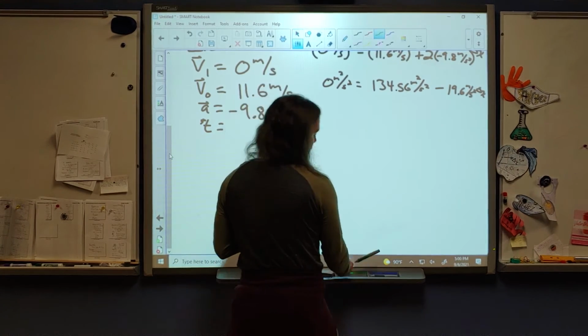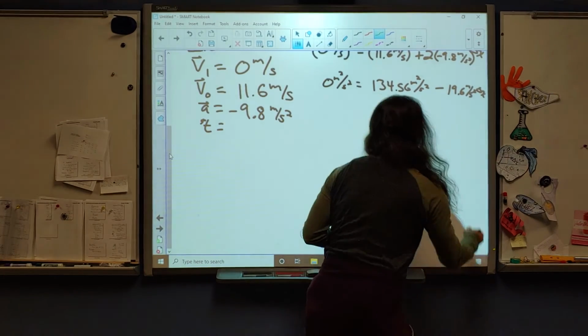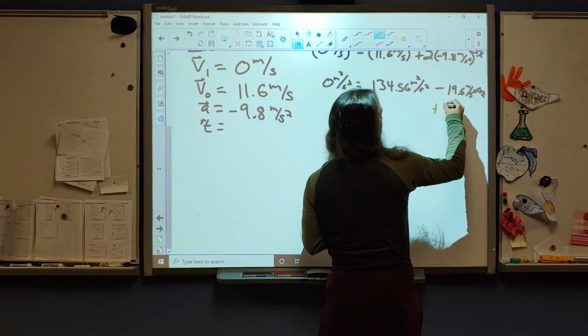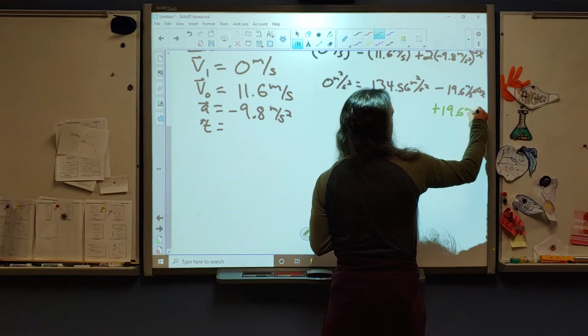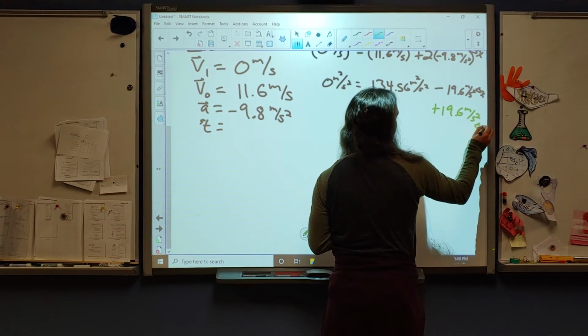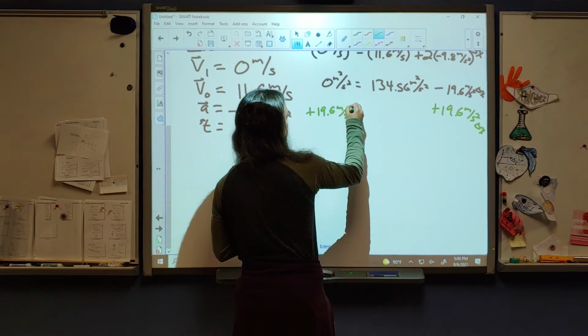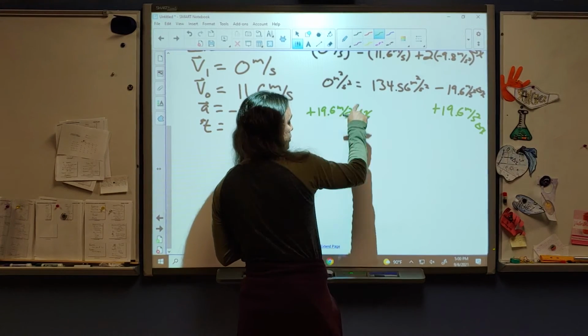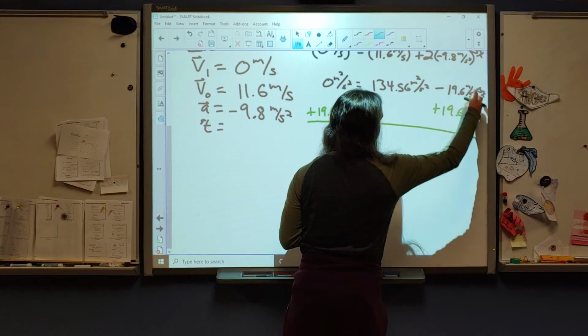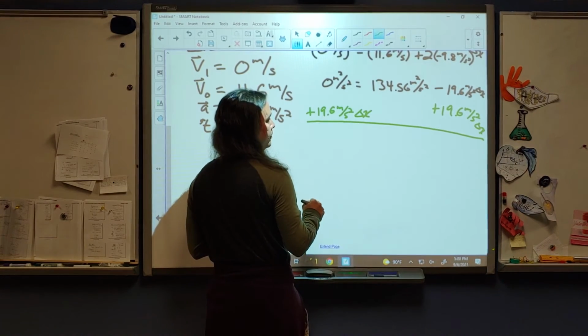Okay, now what I can do, since I'm trying to solve for delta x, I want to get it by itself. Let's add the 19.6 meters per second squared times delta x over to the other side. Now the delta x is multiplied to it, so we have to take both of them over when we add them over.